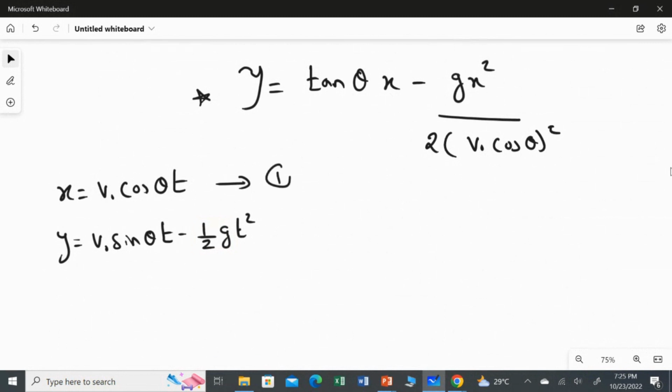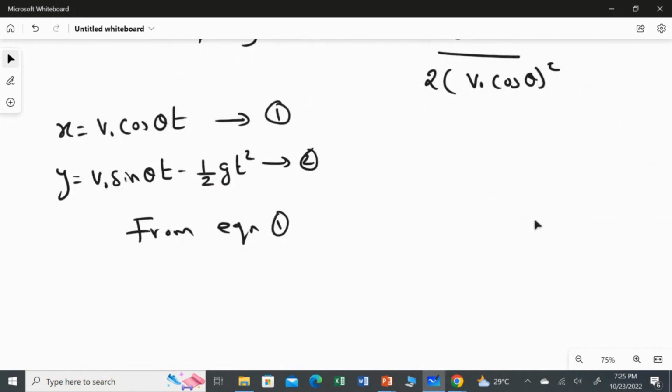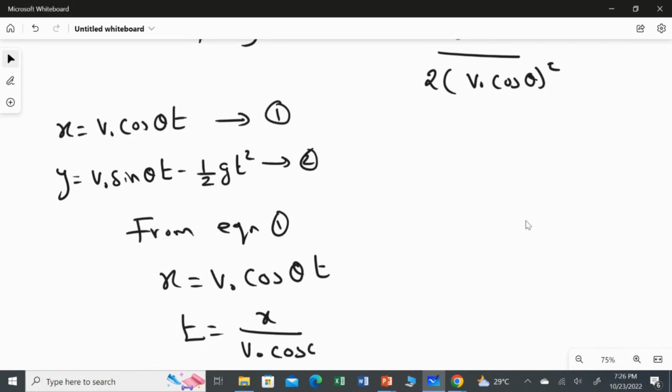I name the first equation as the first one and the second one as the second equation. From equation 1, I am going to frame the equation in terms of the time parameter. So x is equal to v naught cosine theta multiplied by t, therefore t is equal to x over v naught cosine theta.